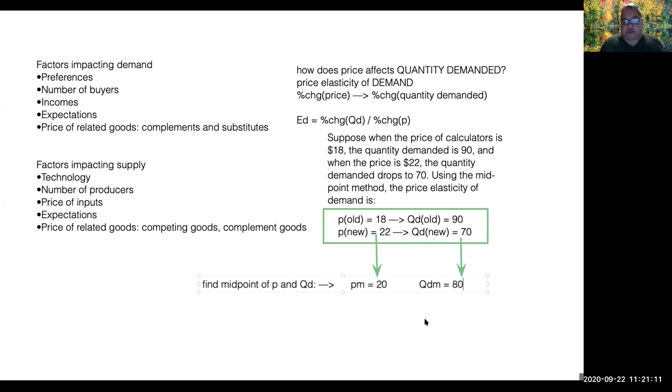The math to do this would be to take the old and the new numbers, add them together and divide them by 2. So to find the midpoint between two values, what you do is you add the two numbers and then divide by 2.